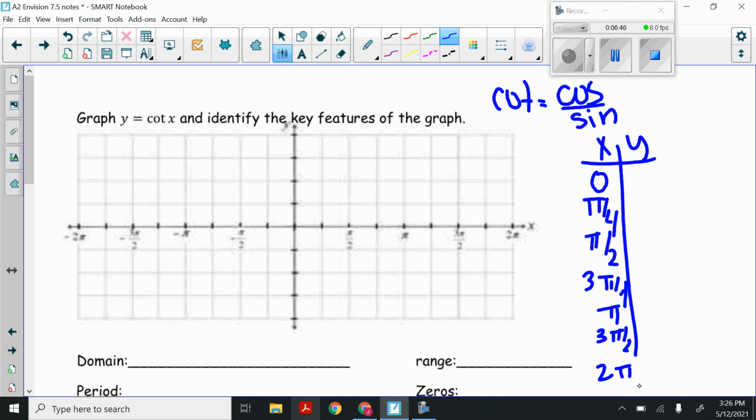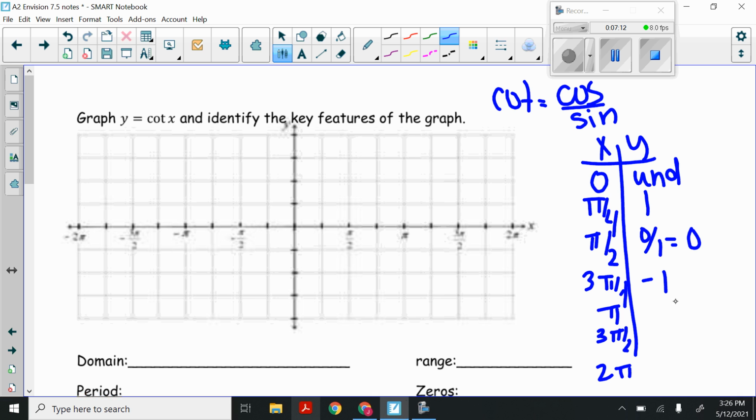So at 0, if we look at our unit circle, the cosine is 1, the sine is 0, so this is going to be undefined. Pi over 4, the cosine and the sine are the same, so this is going to be 1. At pi over 2, the cosine is 0, the sine is 1, so 0 over 1, this is 0. 3 pi over 4, again, they're the same, but it's negative, so negative 1.